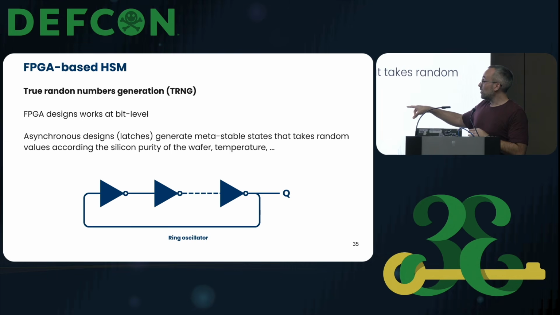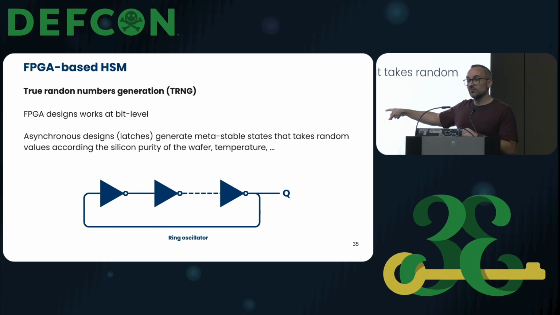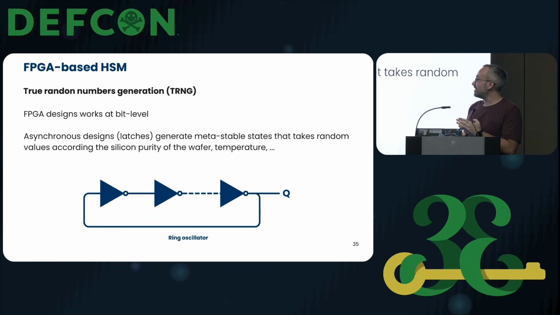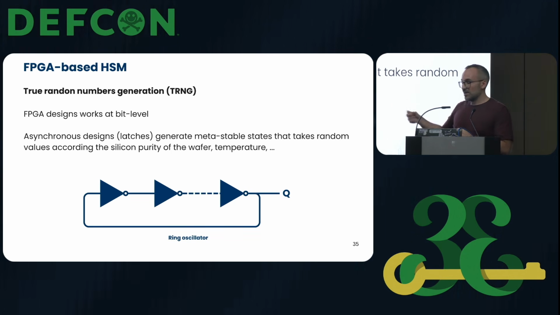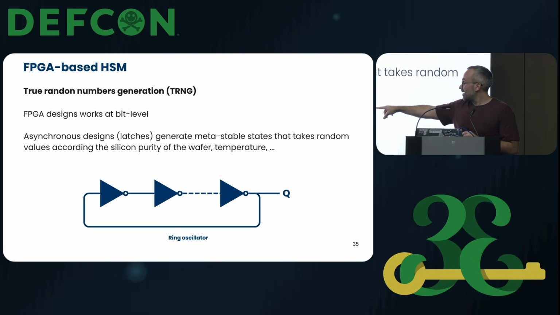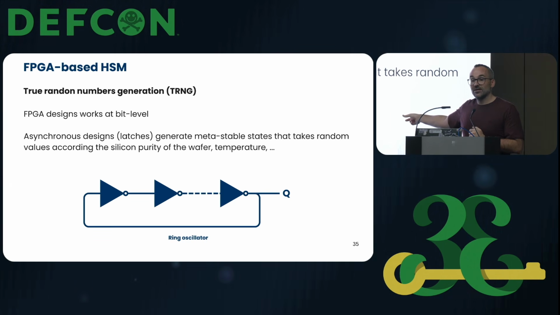This results in the delay between two logic blocks depending on the purity of the wafer and also the external temperature and external pressure. This will result in the time taken by a bit, or by the electricity, to go from one logic block to the other being completely random.